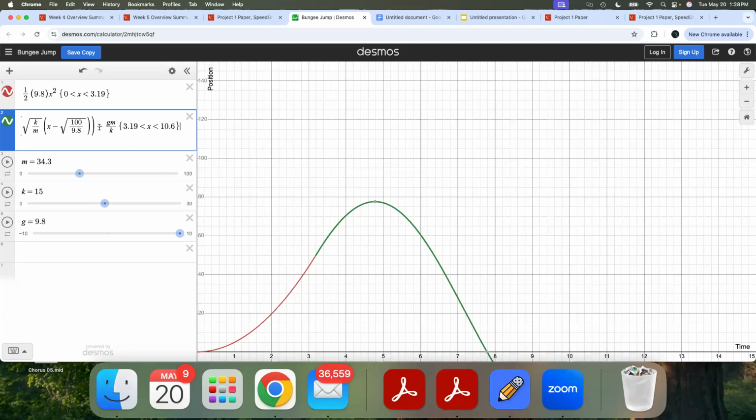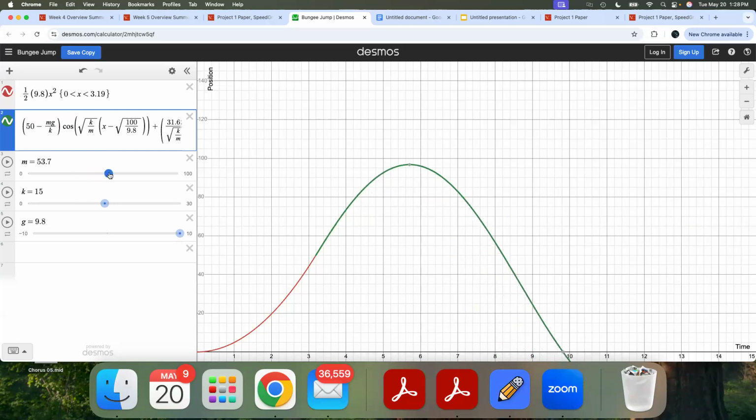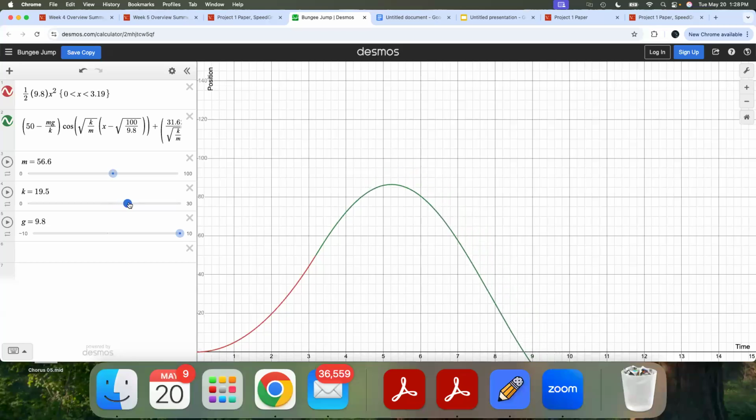But notice how when they typed this up, this is an old group, they left the K's and the M's in here so that we can do adjustments. Look, at that mass, I'm going to hit the river. But if I make my K stiffer, if I make my bungee cord stiffer, now I'll no longer hit the river.